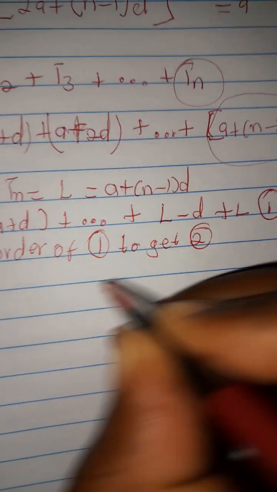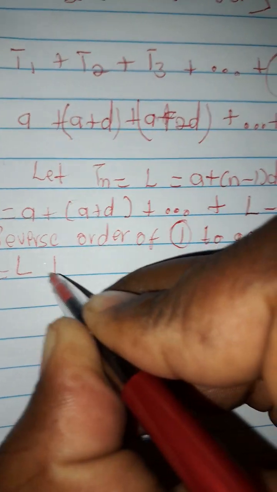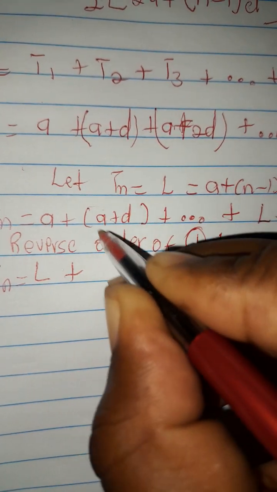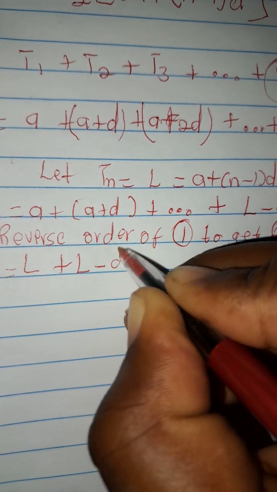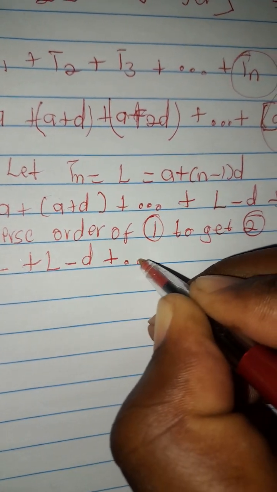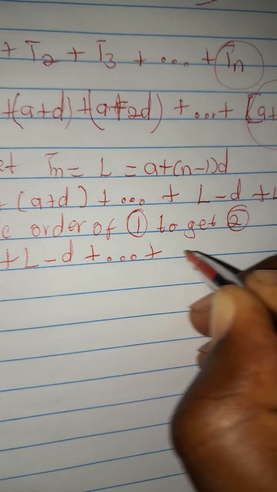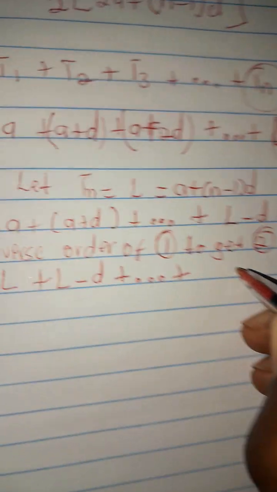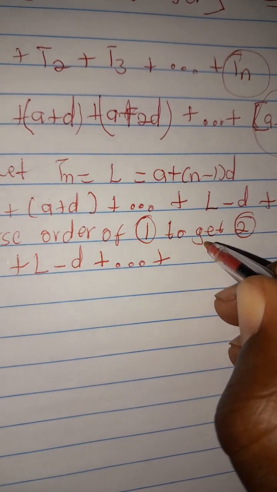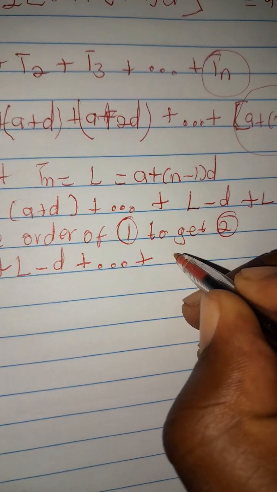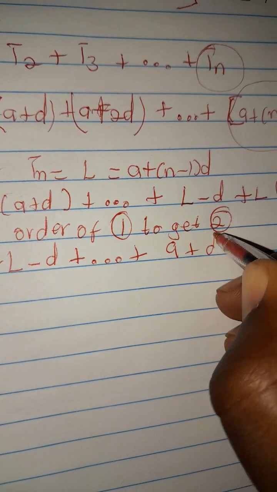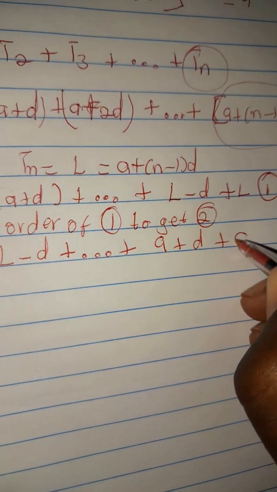So L will go with a, and L - d will go with a + d. So we're going to have L - d plus ellipsis plus. What was the first part will now be the last part. So this will be a + d plus a.